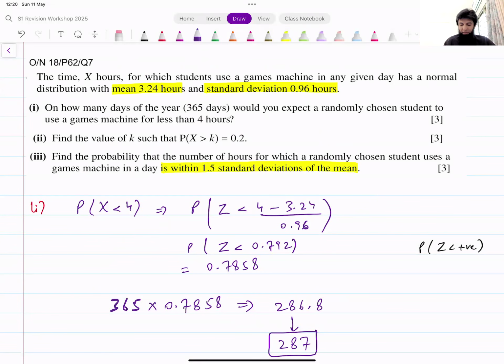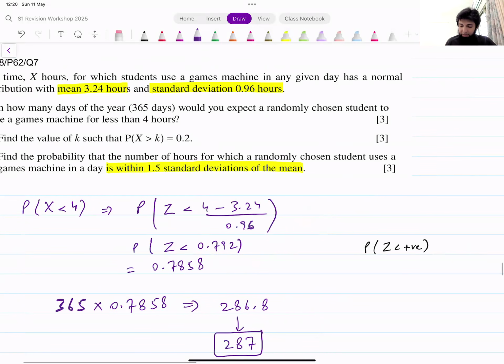Now, how do you think about this? One idea is that you think of it like this, that you say, okay, x is 3.24. 1.5 times the standard deviation, you find that. And you have to be between 3.24 minus 1.5 times 0.96 and 3.24 plus 1.5 times 0.96. X is going to be between these two values. Within 1.5 standard deviation, what does that mean?